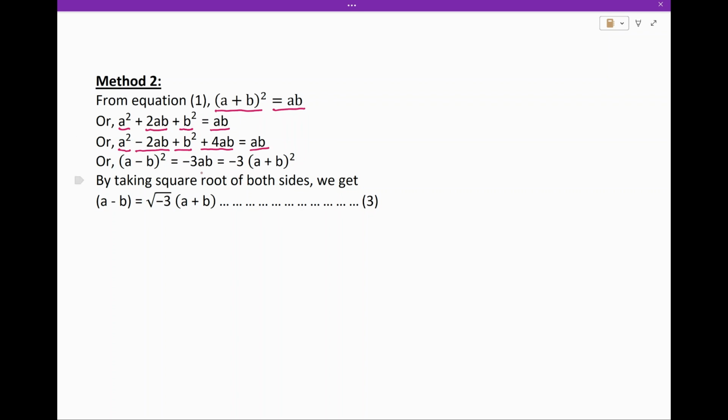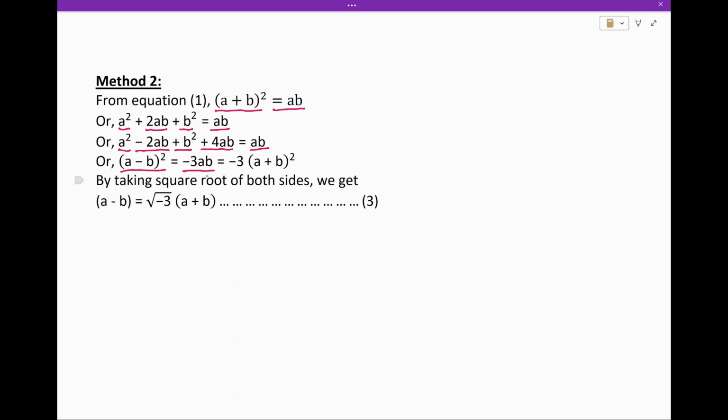The left hand side is (a minus b) whole squared plus 4ab. Taking 4ab to the right hand side, we get (a minus b) whole squared is equal to minus 3ab.